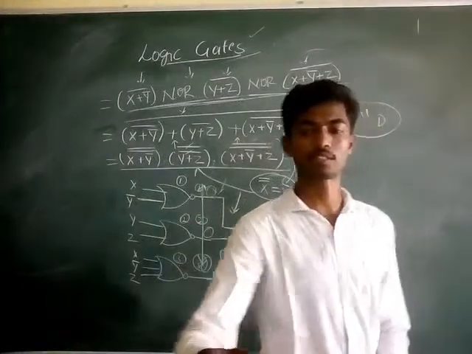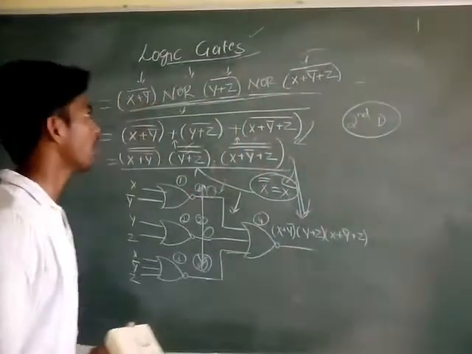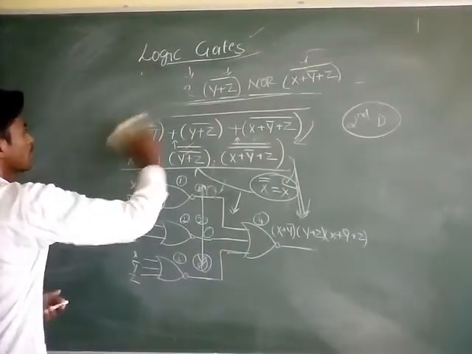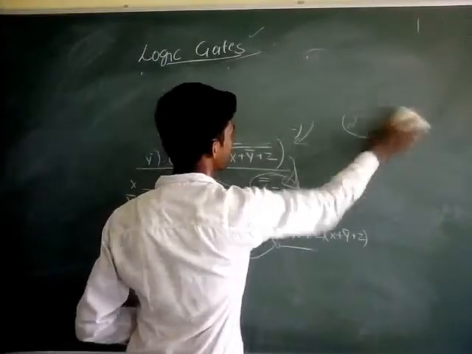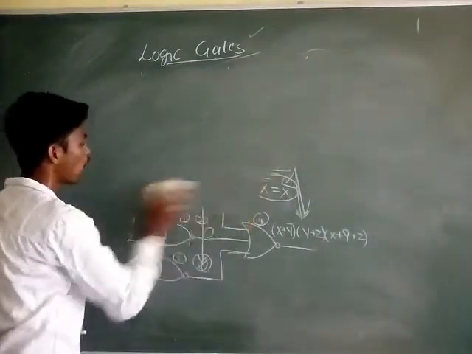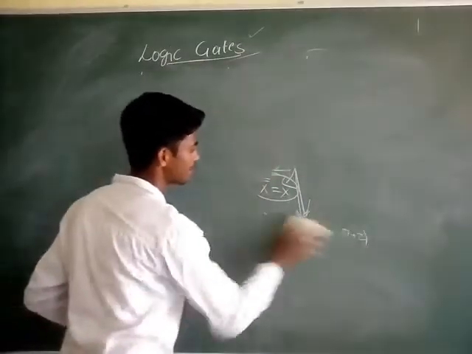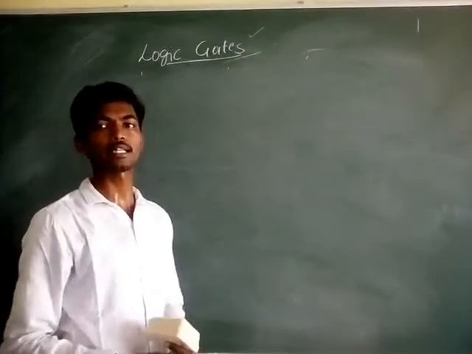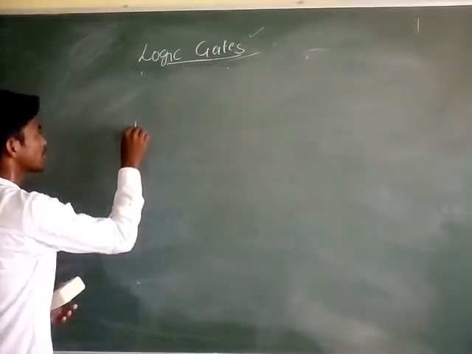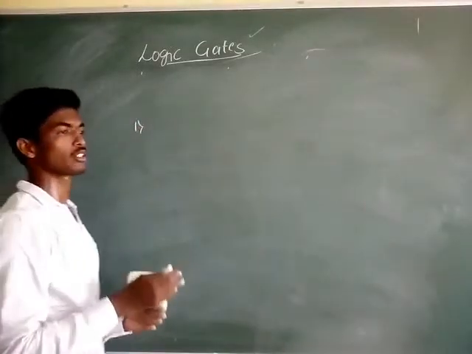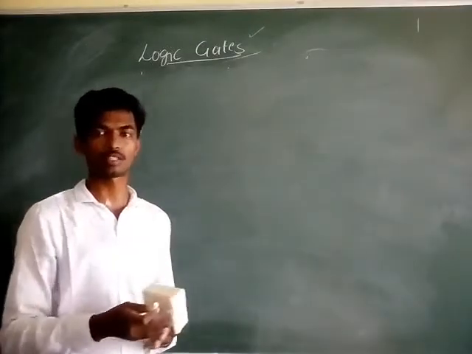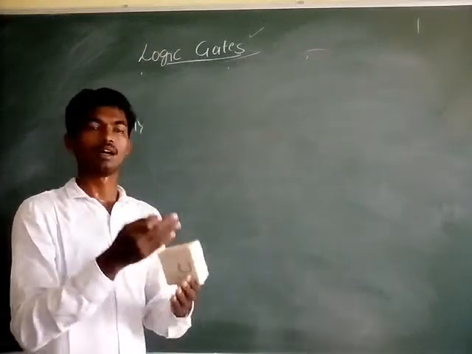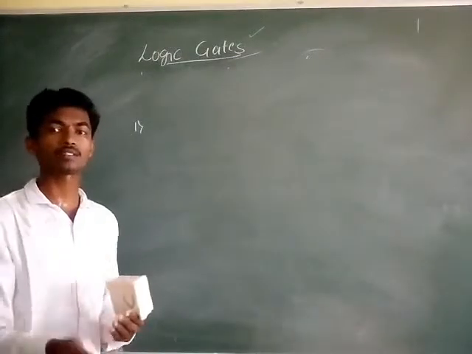For this section, I will give one homework. I will give two expressions, one expression containing the product of sums and another expression containing the sum of products. You have to design the logic gates using the universal gates, either the NAND gate or the NOR gate.